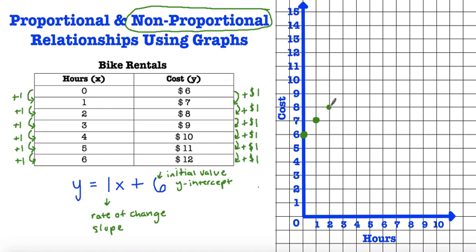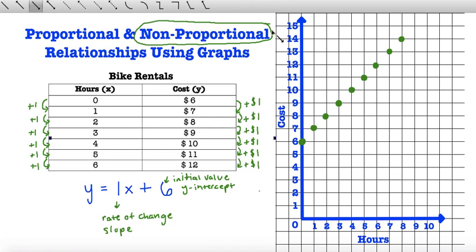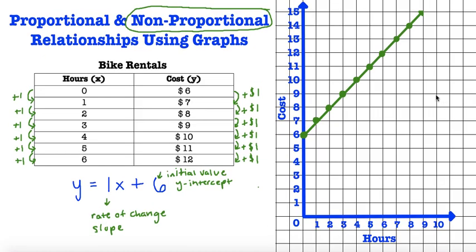After 2, it's 8. After 3, it's 9, and so on. So here I could draw a line to show that this will keep on going, depending on how long we rent the bike for.